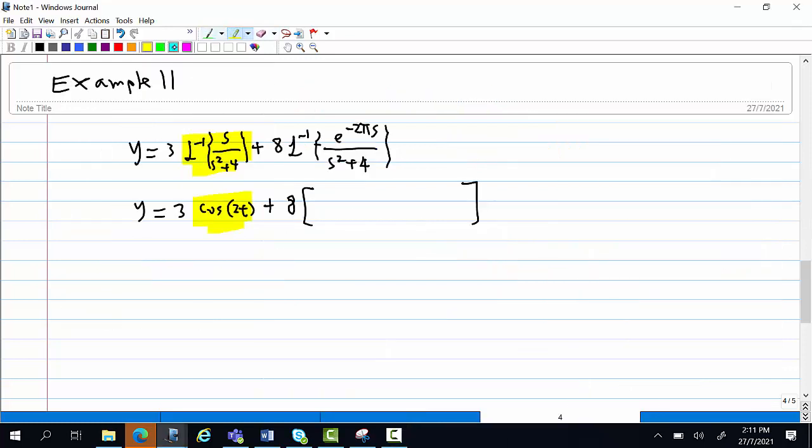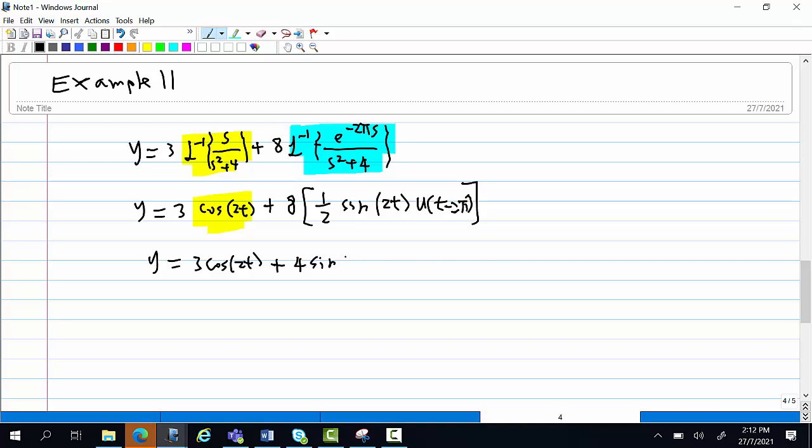So we copy the second term: half sine 2t times the unit step function of t minus 2π. And then simplify it to 3 cosine 2t plus half sine 2t times the unit step function of t minus 2π. That will finish the solution for example 11.